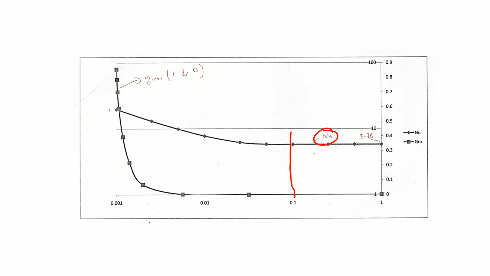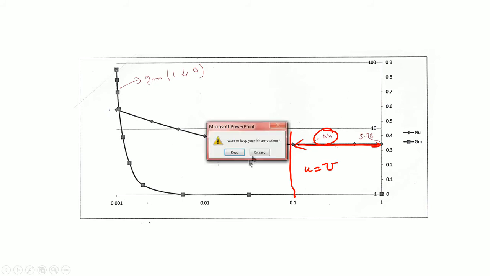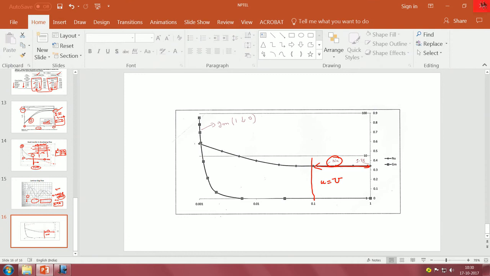It slowly asymptotes to the value of about 5.7831. After that it is constant, because that is the thermally developed regime. The only caveat is that here u is equal to capital U, in this particular case. So that is interesting.